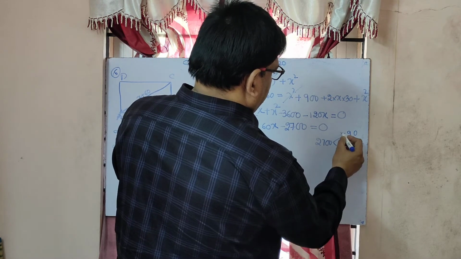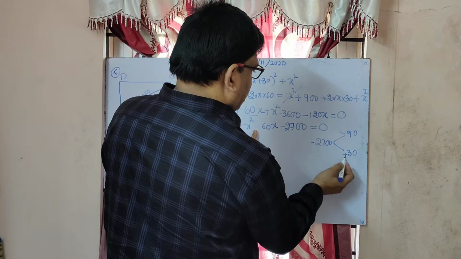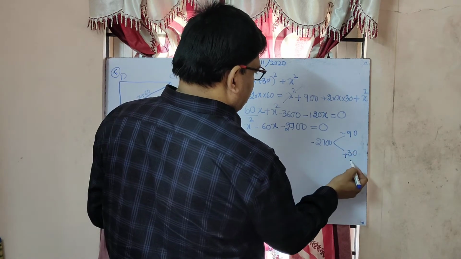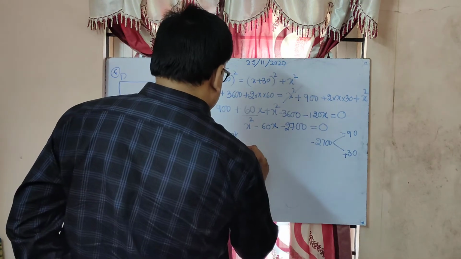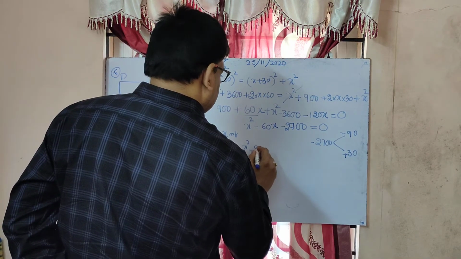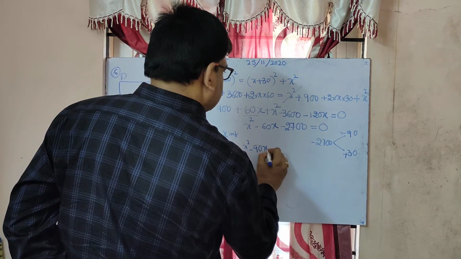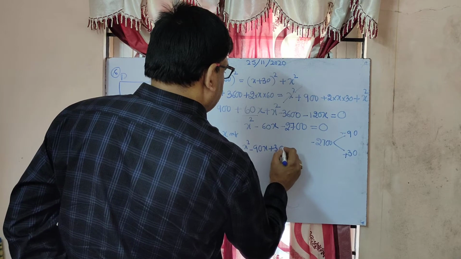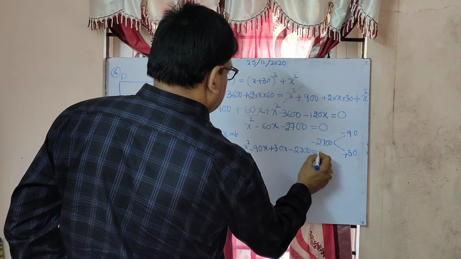This is plus. Minus 90 plus 30 is minus 60. So now we have the numbers. So x square minus 90x plus 30x minus 2700 is equal to 0.